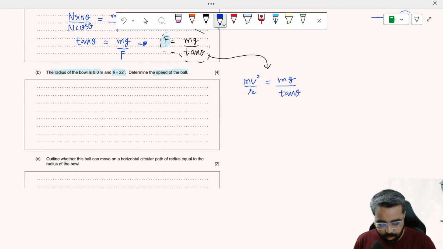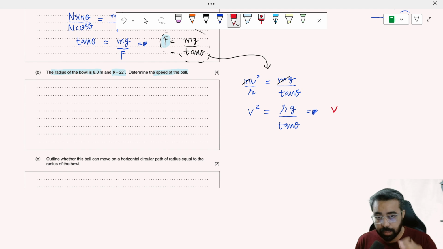You cancel mass on both sides, and v squared becomes equal to rg over tan theta.